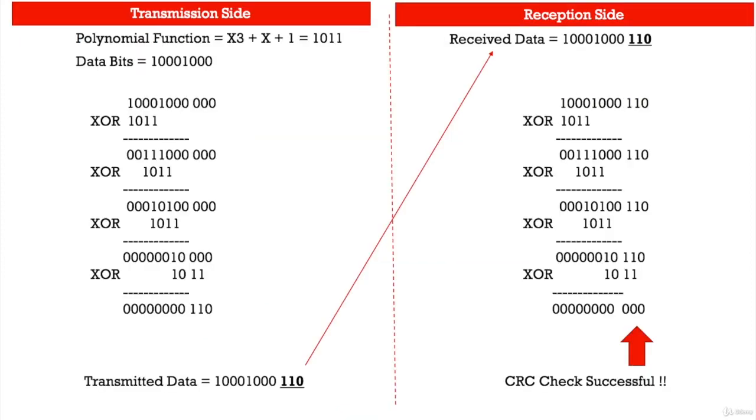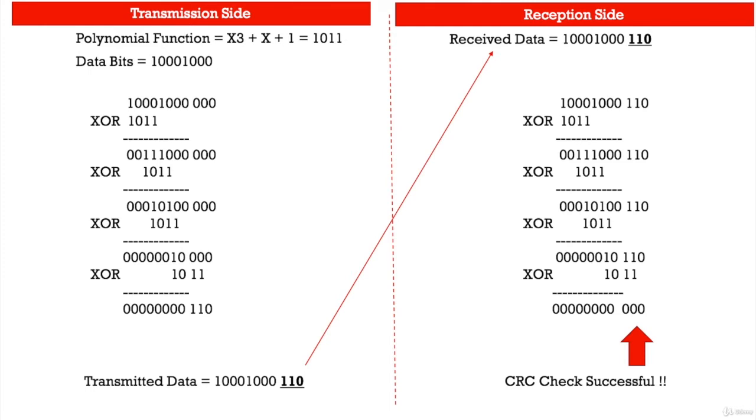Now let us take an example of CRC check. So in the cyclic redundancy check, the main factor is a polynomial function used for calculating the CRC, and this polynomial function is a representation of a bitmap.